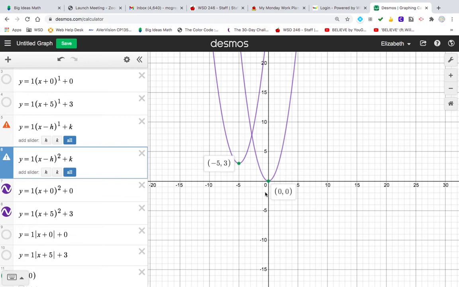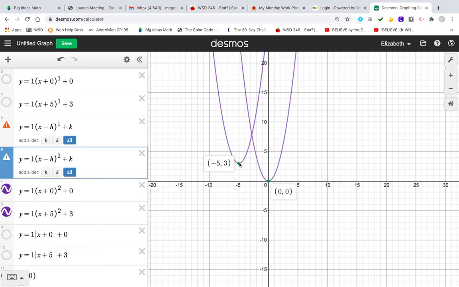So when I'm counting these out, I want to know how did this move from (0, 0) to (-5, 3). So I'm going to count it. In the x direction, it's moving 1, 2, 3, 4, 5 to the left, and then it's moving up 1, 2, 3. Okay, so we're talking about how it moves.